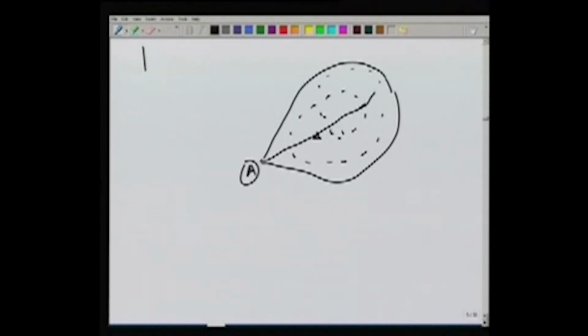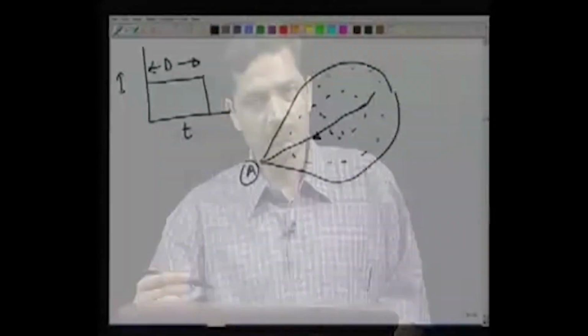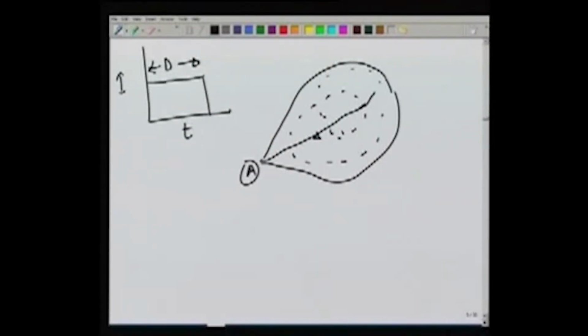So the rainfall which occurs, its hydrograph can be plotted as intensity versus time, and it may be, let's say, uniform intensity for certain duration d. Now if this intensity is less than the evaporation and infiltration from the basin, then there will be no runoff.